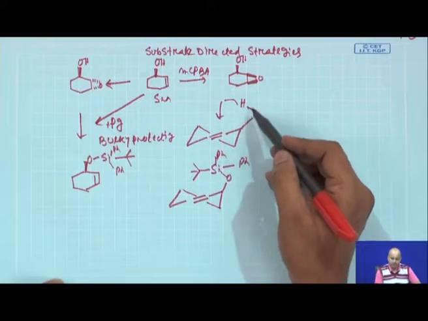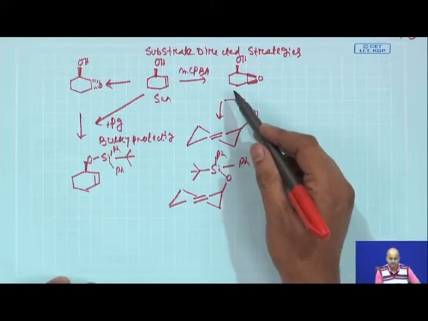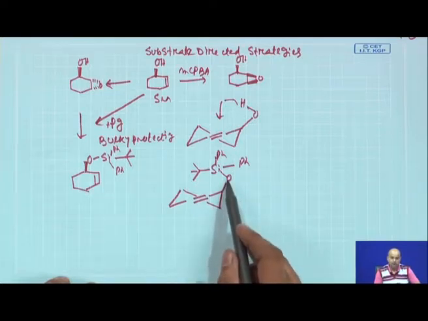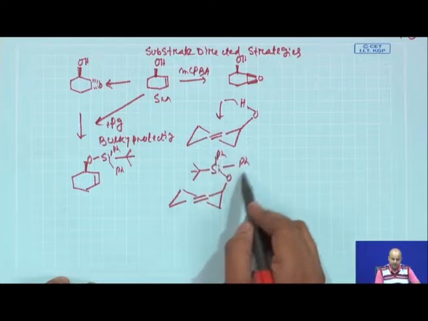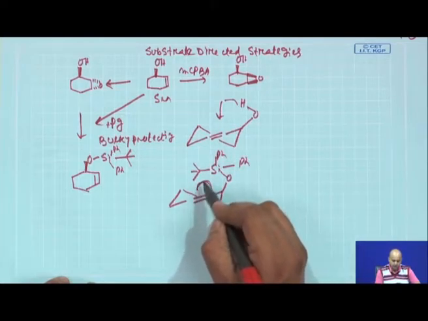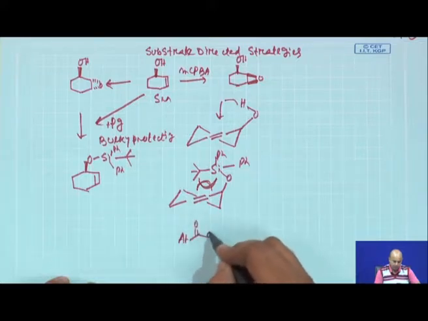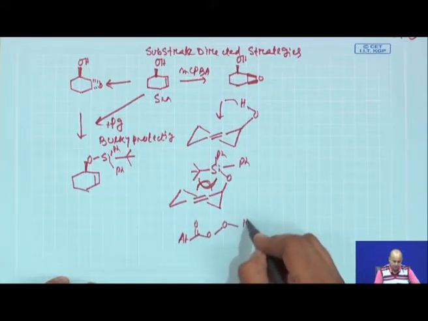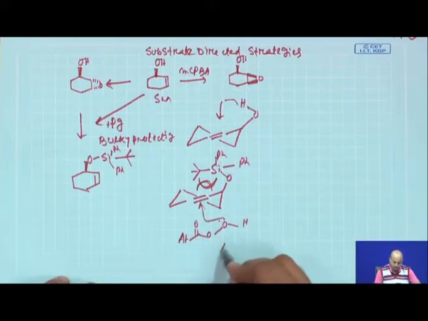In the earlier case, that free hydrogen basically makes the hydrogen bonding with the reagent. So, here this free hydrogen is now missing, and the presence of this bulky silyl protecting group effectively blocks the top face. So, then now mCPBA, the OOH, will effectively attack the double bond from this alpha face.